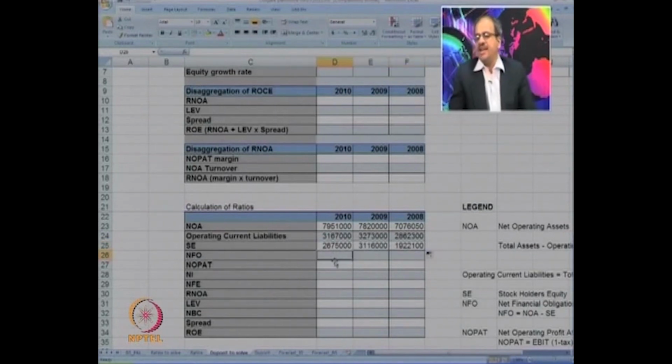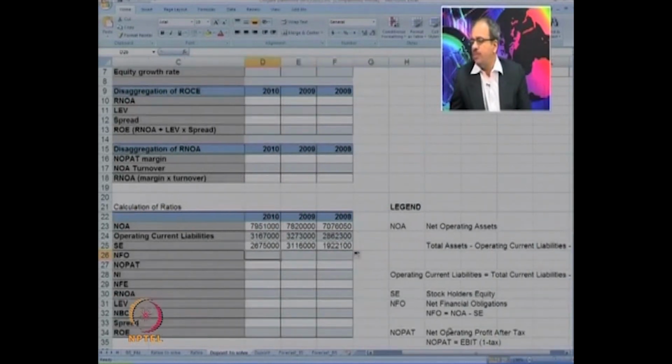Next is NFO, which if you remember is net financial obligations. This is a special calculation which is done for Nopat analysis. So, we try to calculate NFO as NOA minus SE. Okay, we have just calculated or picked up the shareholders equity, that is SE, and we also know NOA.